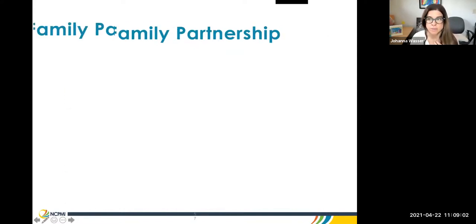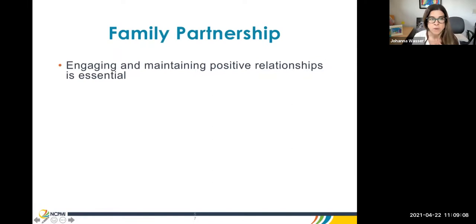Family partnership is critical, however, not always available. So one of the things that we value is engaging and maintaining positive relationships with families, and ideally before a behavior plan is needed. That's a critical component, especially with prevention strategies, that we want to establish those relationships first and then maintain them.